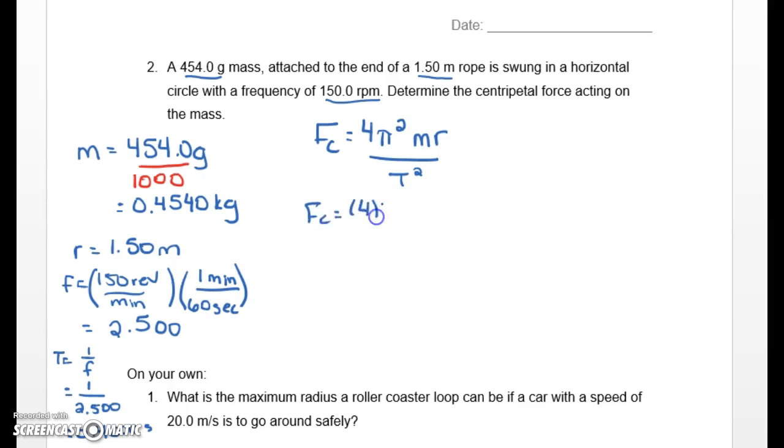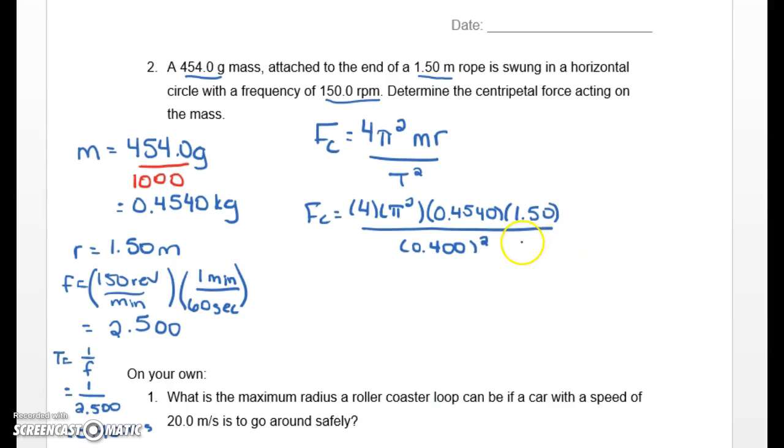So we have 4 times pi squared times your mass, which is 0.4540, times your radius of 1.50, and that is all divided by your period squared, so 0.400 squared.